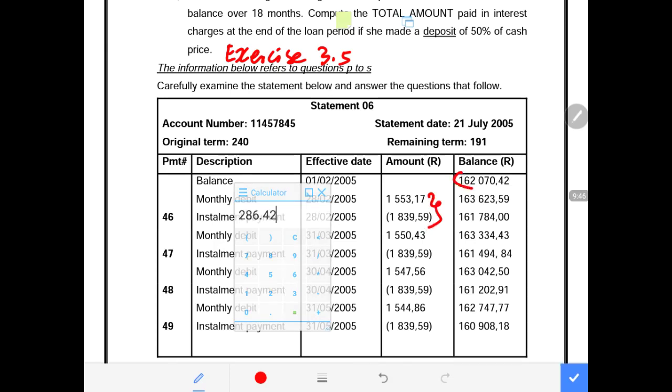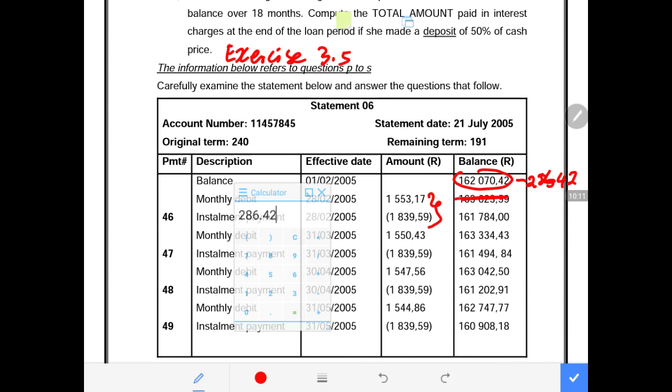Remember, this was the balance at the beginning of the period. So if we remove that, we have 1,086.43. Then the question is, why is our loan decreasing only by this amount? Let us first prove whether it really decreases by the amount that I'm writing, which is the difference between the interest and the payment.